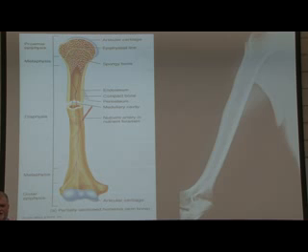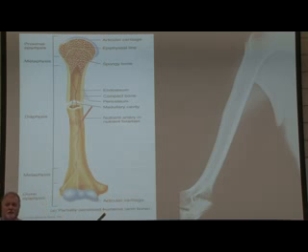The center of ossification is midway on the length of the bone, and that piece of bone that develops first is referred to as the diaphysis. The diaphysis is actually the body of the bone, but the term describes that developmental sequence, so the diaphysis is always the first portion of the bone to become ossified.